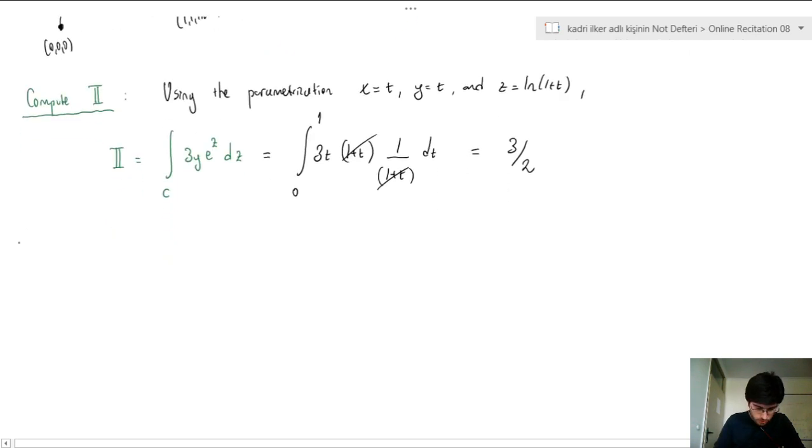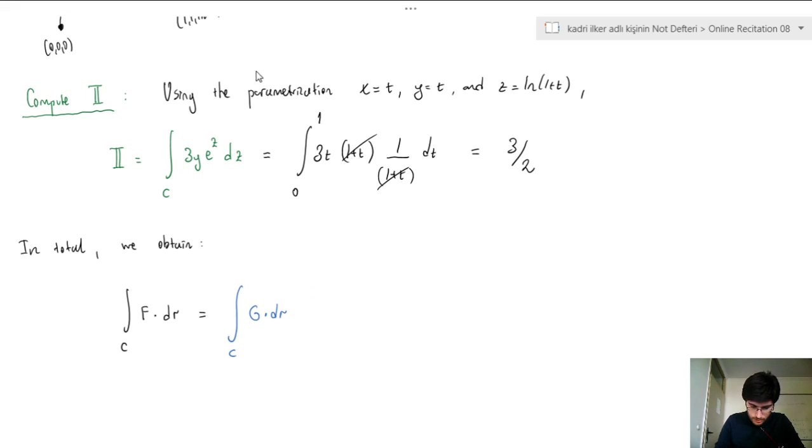So in total, kind of a long computation, I'm sorry, but in total we obtain the following. Our original integral, the line integral of the vector field F. Remember, F was non-conservative in the first place, but we modified it. We decompose F into two pieces, one of them is this, and the second one is a very simple one.